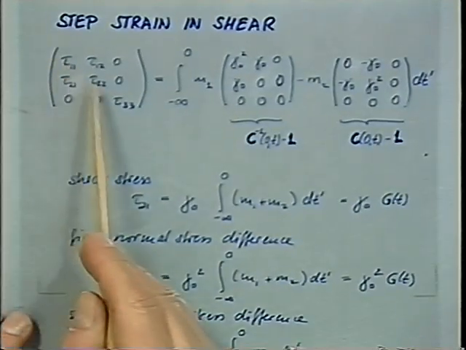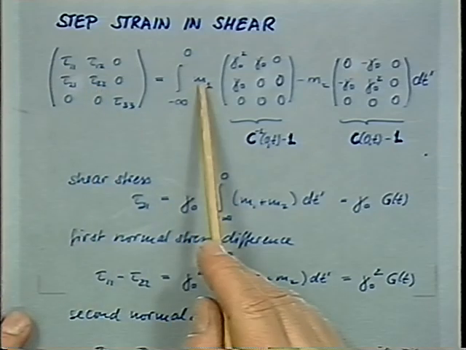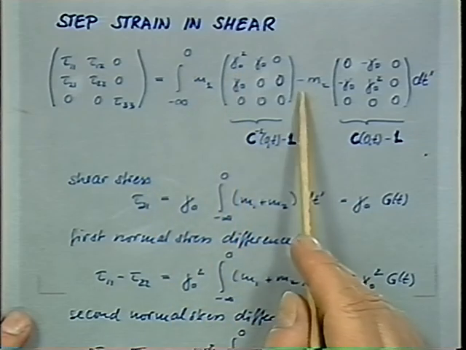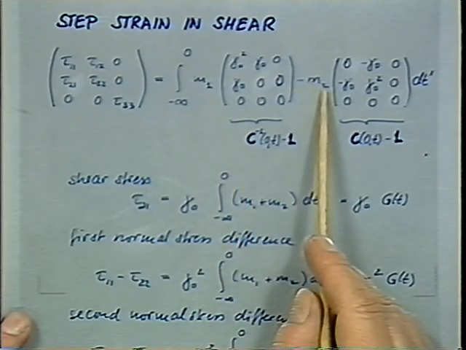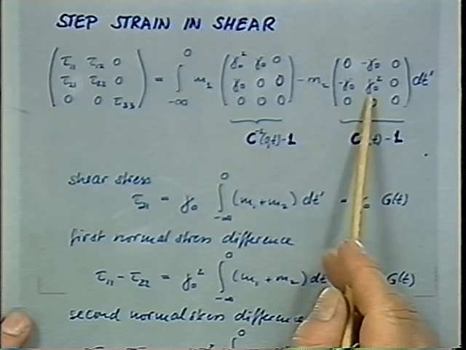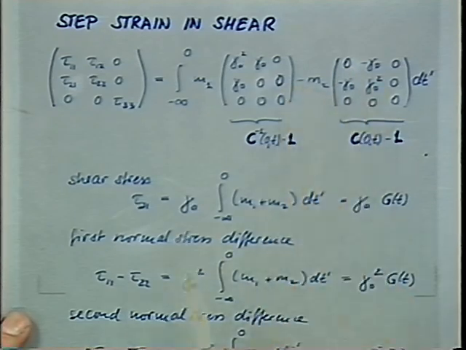The first normal stress difference can also be calculated. Tau 11 minus tau 22 is equal to m1 times gamma 0 squared minus m2 times 0 minus gamma 0 squared. The two minuses drop out.